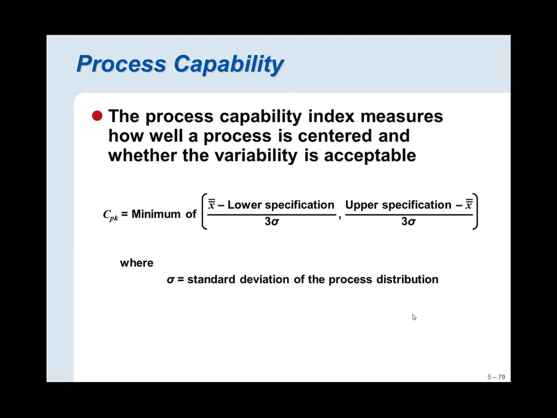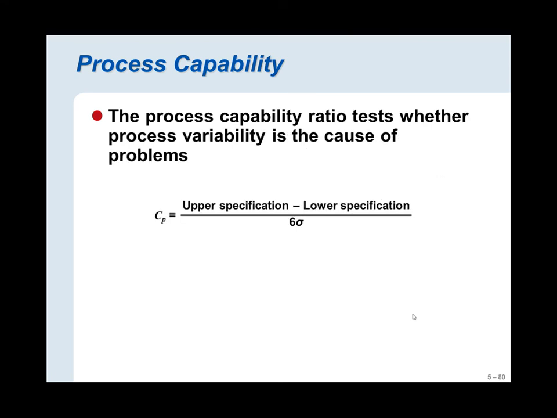The first one we call CPK, which is the minimum of x bar minus lower divided by 3 sigma, comma, upper minus x bar divided by 3 sigma. Process capability is a measure used to express how well the process is centered and whether or not the variability is acceptable. Another one we call CP, or process capability ratio, which is upper minus lower divided by 6 sigma.